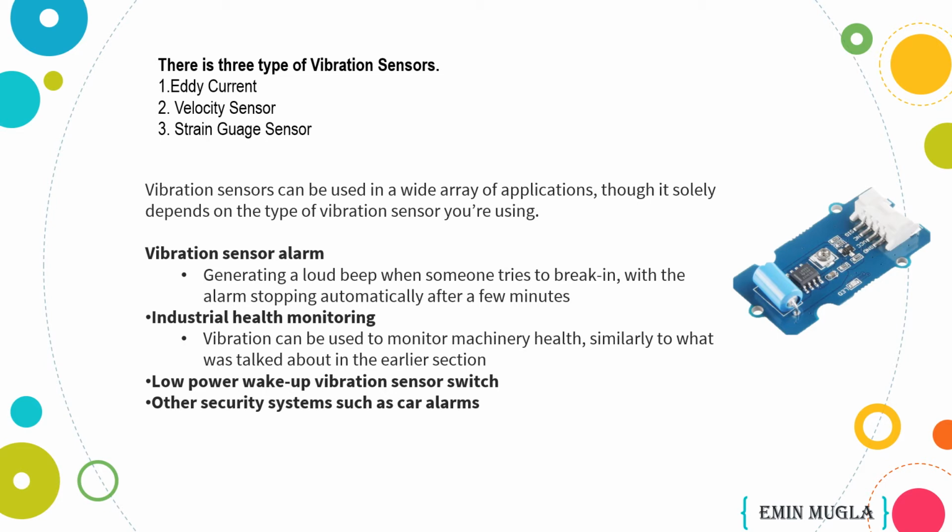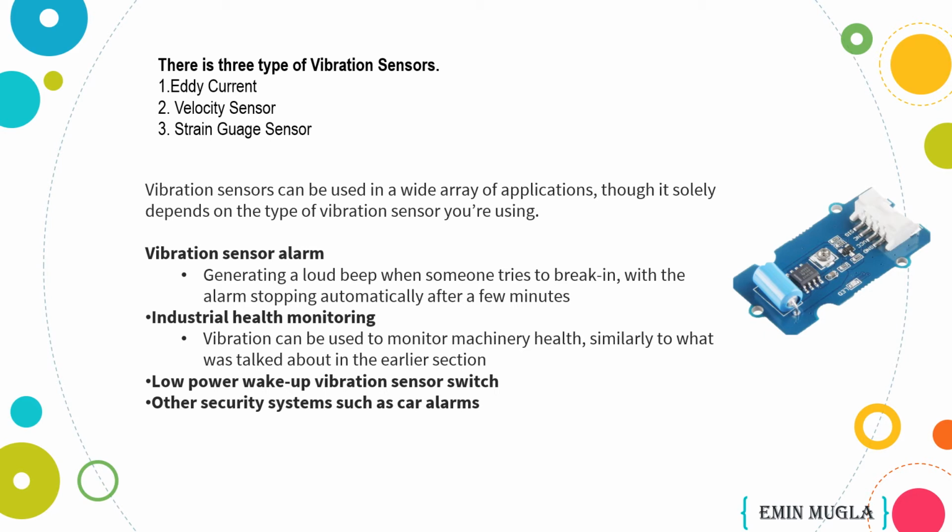The vibration sensor can be used in a wide array of applications, though it solidly depends on the type of vibration sensor you are using. Vibration sensors can be used in different positions. One of them is for alarm systems, generating a loud beep when someone tries to break in, with the alarm stopping automatically after a few minutes.